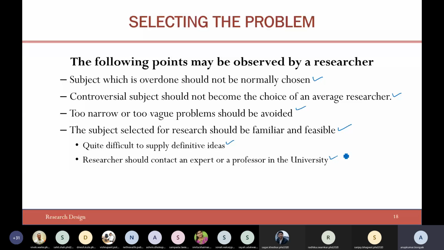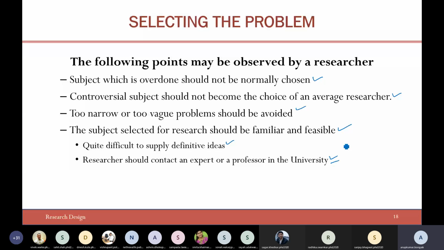Let's say you have referred to a paper and you are getting some kind of information mismatch, or you are not able to understand the theory, or you feel some expansion is needed. Obviously, you can write to that professor. The professor may redirect you to the right additional resources.